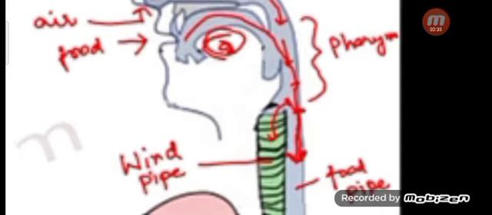We have heard that we shouldn't talk while eating. If we talk while eating, food may go into the windpipe, which causes suffocation, vomiting, and can even cause the death of the person, because it creates difficulty in breathing and affects our respiratory system.